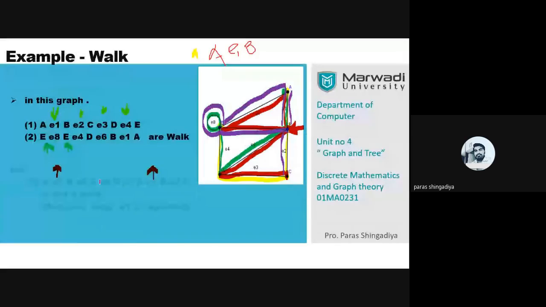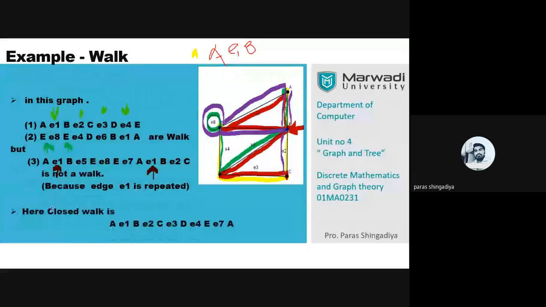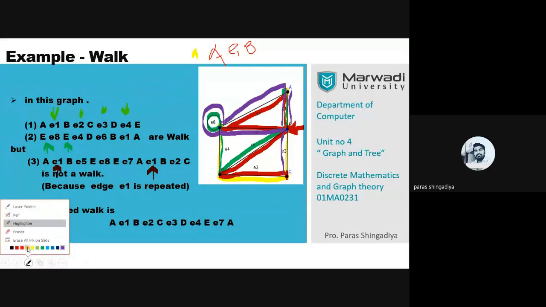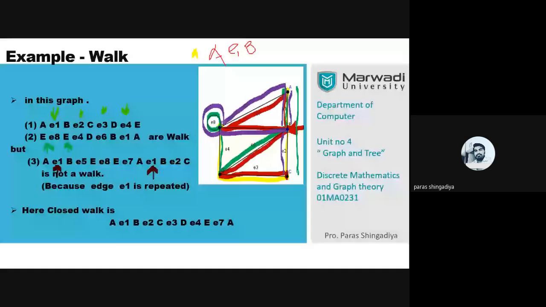So here in this example, a closed walk is A E1 B, that is vertex B, E2 C, that is vertex C, in this way, E3 D, E4 E, and E7 A. So that is called a closed walk.